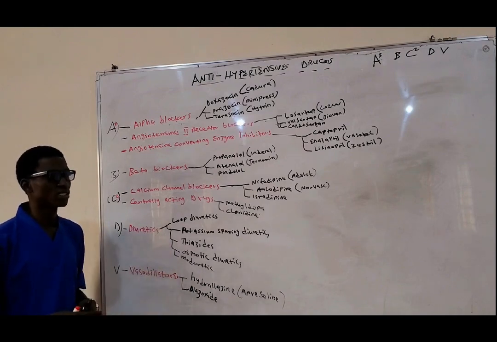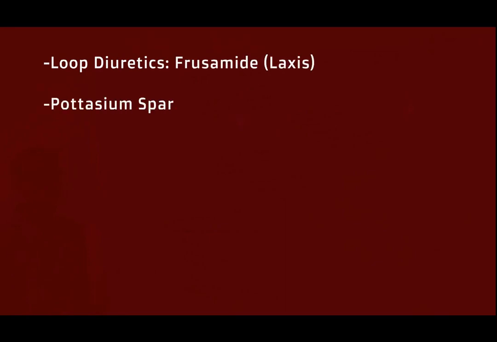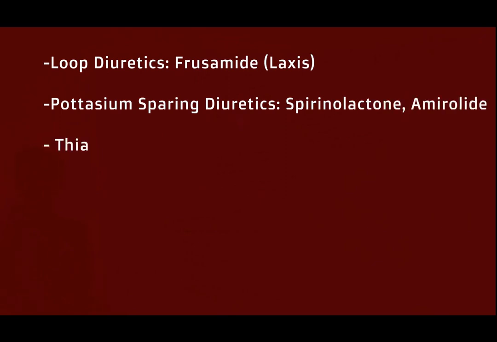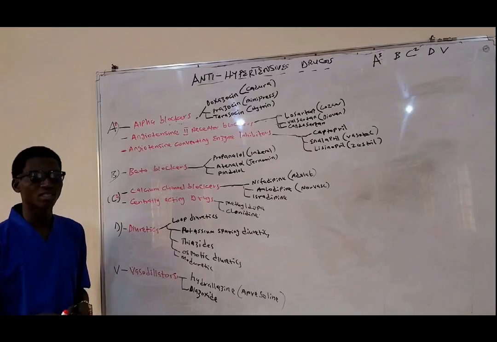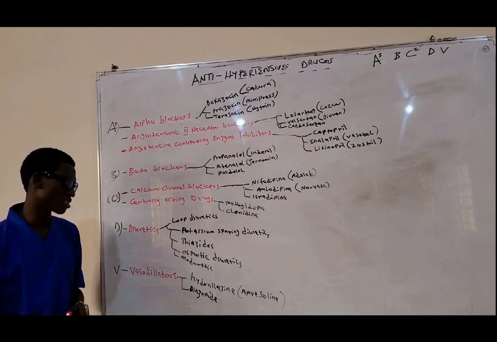Talking about loop diuretics, these are drugs that, when administered into the body, enable elimination of fluid, and specifically they act on the specific site of the nephron, which is known as the loop of Henle. An example of loop diuretics is Lasix, or furosemide.